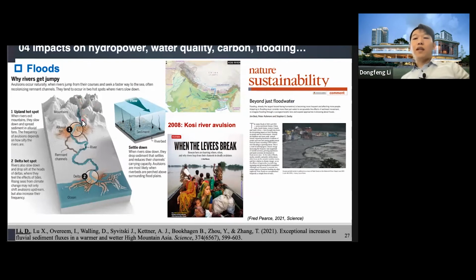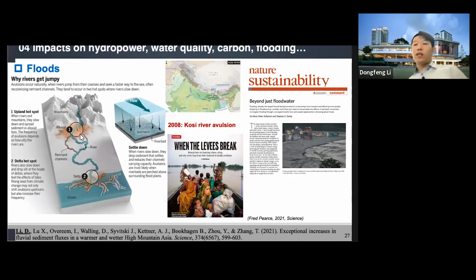when there is too much sediment in the river systems, here is the example of the Kosi River. It is a transboundary river from Tibet to Nepal and then to downstream India. Roughly at the boundary between Nepal and India is the mountain exit. When the river sediment from the mountain systems arrives at the mountain outlet, the river begins to expand, I mean the river width increases and the river flow decreases, and a lot of sediment can be deposited in this alluvial fan.